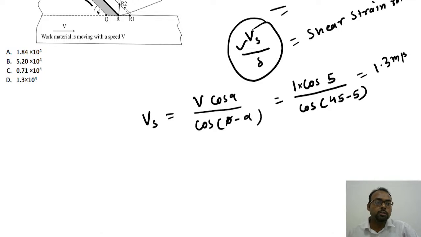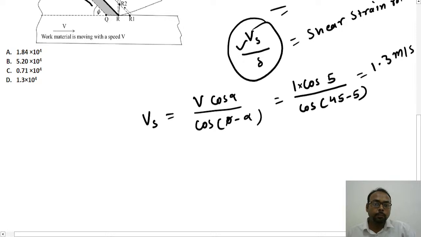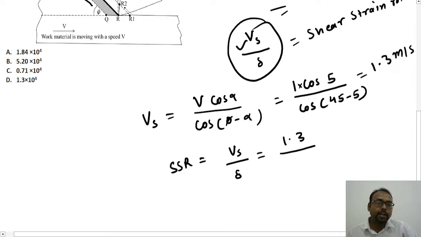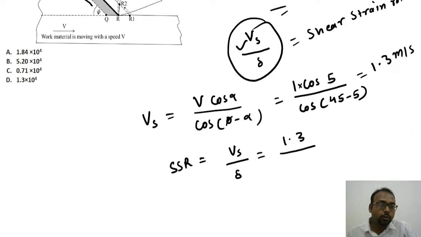Now if we put this shear velocity of 1.3 meter per second, we will get the final answer. What is the shear strain rate? This shear strain rate is given by Vs divided by delta, and Vs is 1.3 divided by the delta value, which is 25 micrometer.